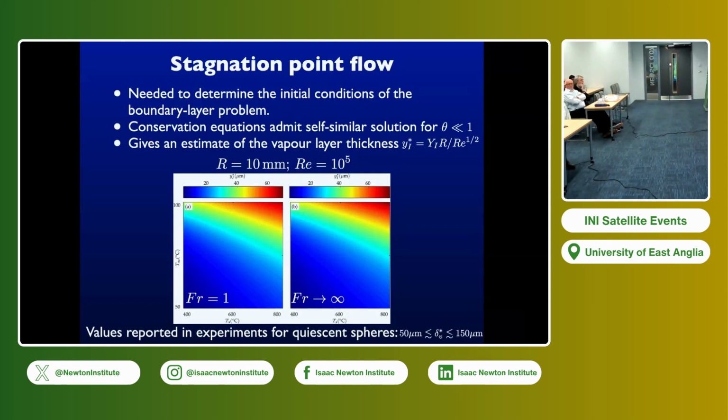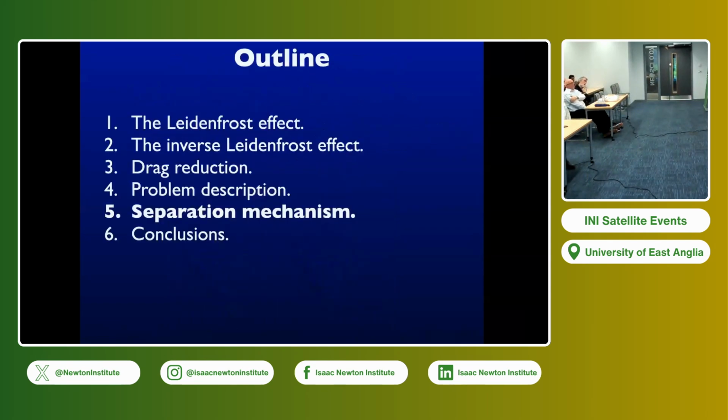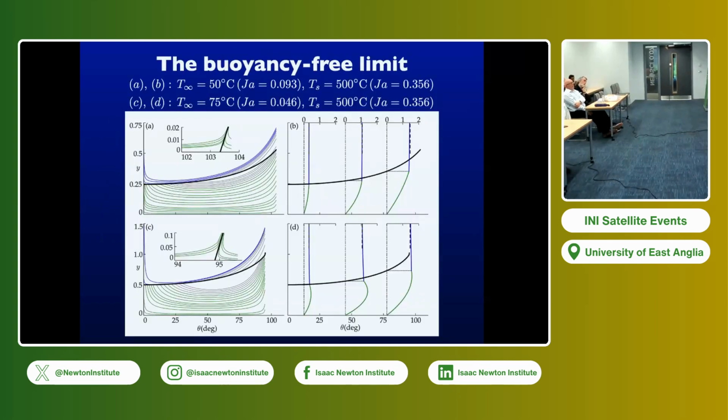So now the problem is completely formulated, and we can integrate the conservation equations to understand the resulting flow. First, I'm going to show how the flow of both streams behaves in two cases. In both cases, buoyancy has been neglected, so it's the limit of Froude tending to infinity.